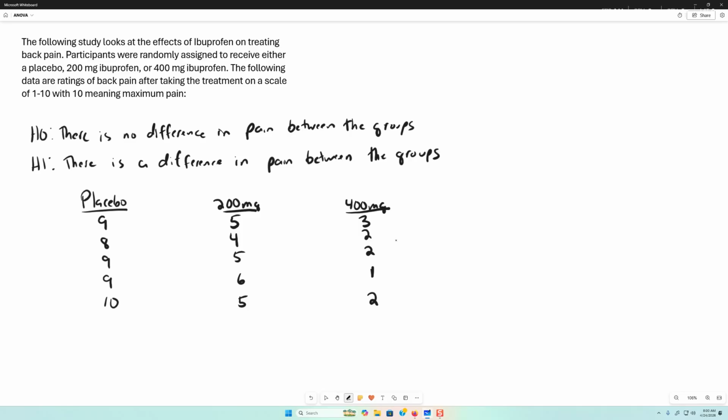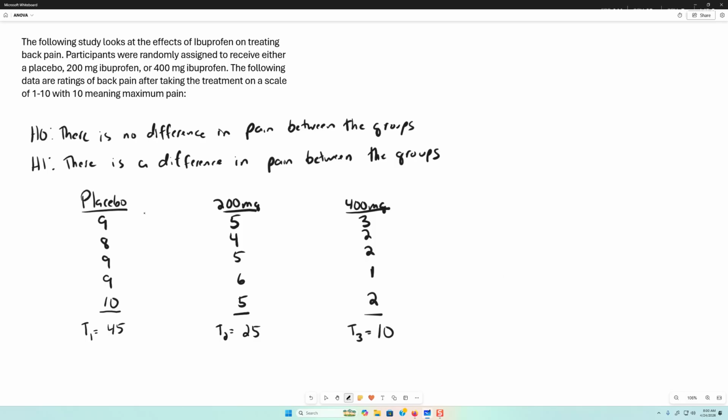Okay, so I have 3 groups. Let's set it up like we did before. So we're going to find our totals, our T1, total of group 1, which is 45. Our total for group 2, which is 25. And our total for group 3, which is 10.